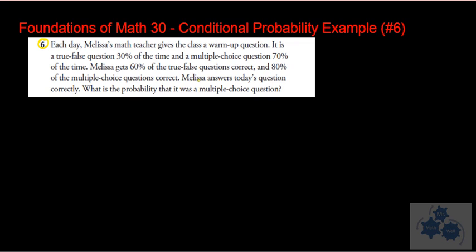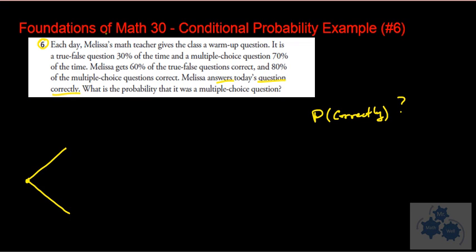All right, so what we know is she answered today's question correctly. So it would be a good idea for us to find out what is the probability that she answered correctly. Now, how do we find that? Well, again, I would suggest that you use your tree diagrams, and let's attack it this way.